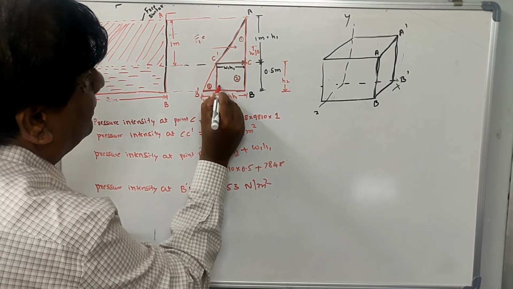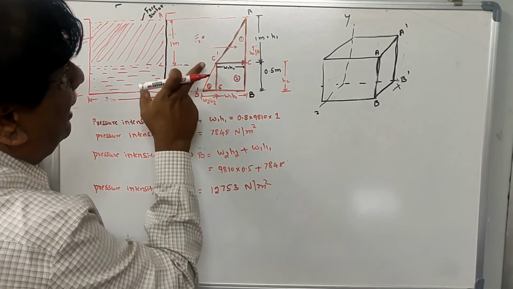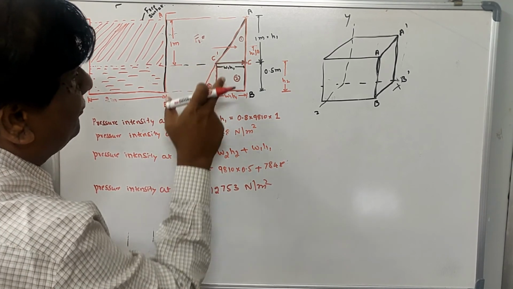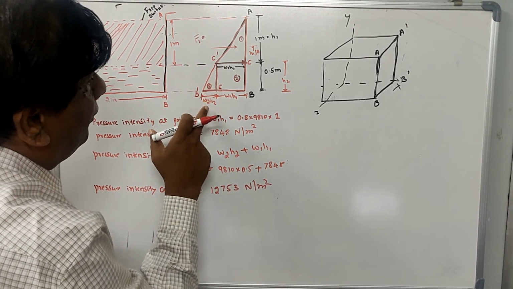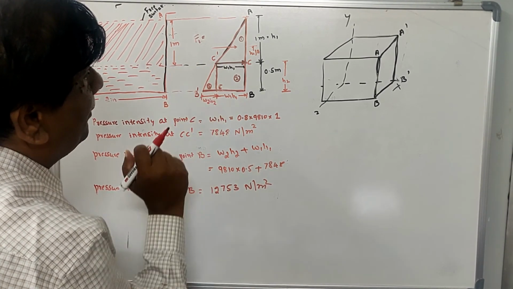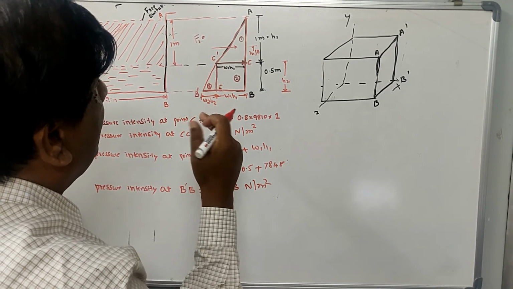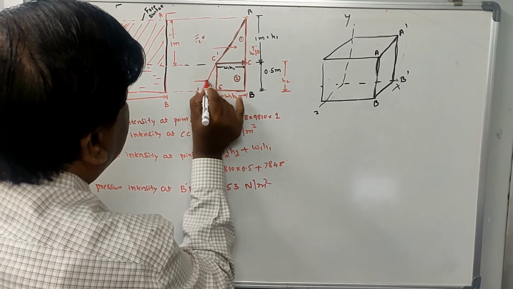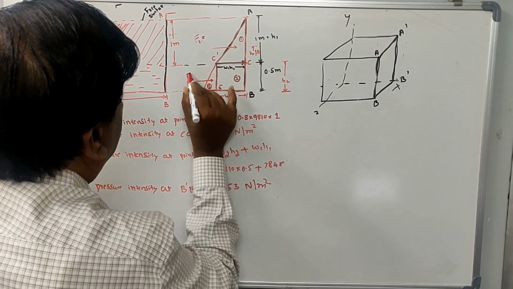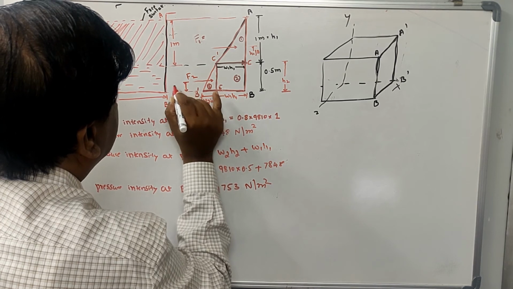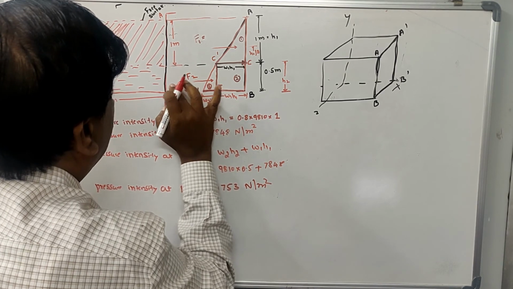Now you take triangle, you can take this point as E, triangle C dash B dash E. Area of this triangle is half W2 H2 multiplied by H2, that is the height, and multiplied by 1. Let that be F2, and this force acts at a distance of H2 by 3.